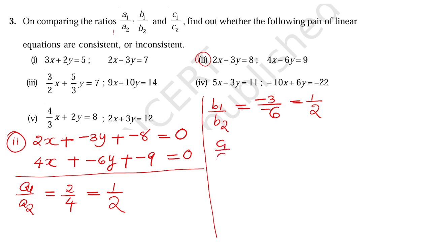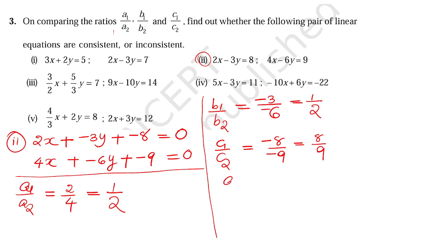Now the third ratio c1 by c2 is minus 8 by minus 9. Only minus cancels.